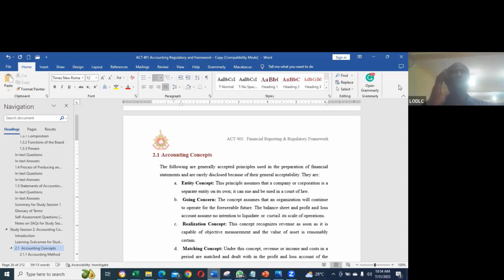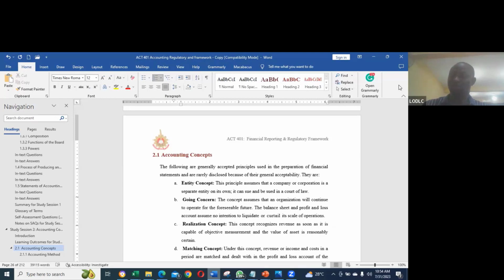No, every rational business-oriented individual must be able to have a foreseeable future for that particular business. So the going concern concept assumes that an organization will continue to operate for the foreseeable future, with no intention to curtail the scale of operation.